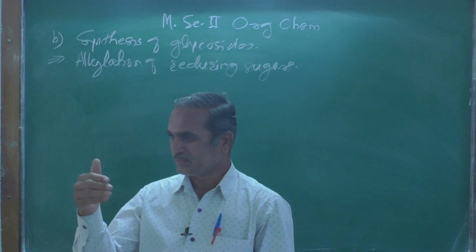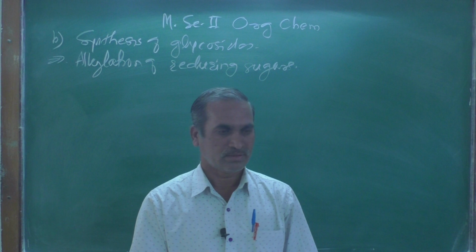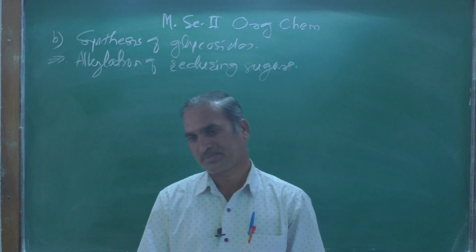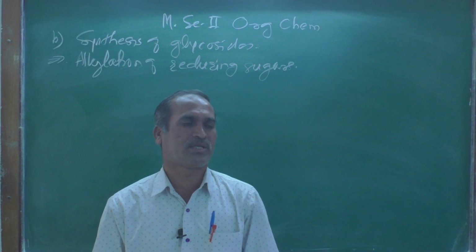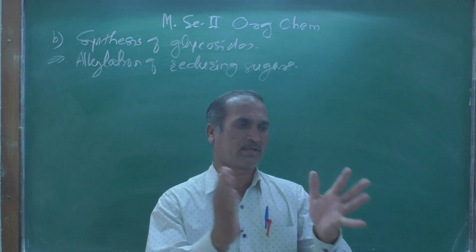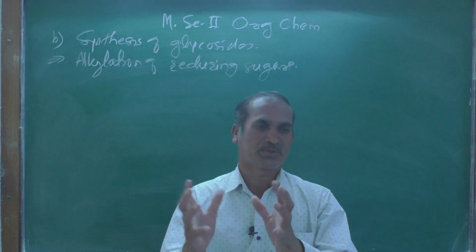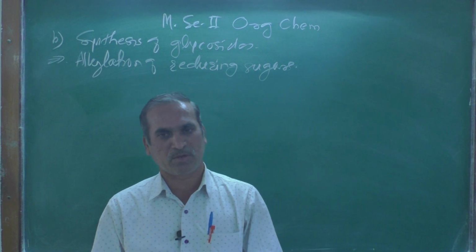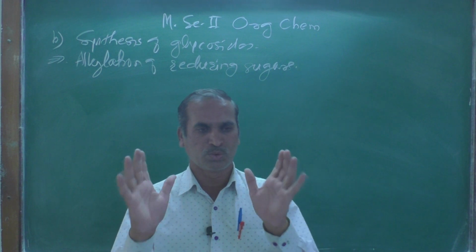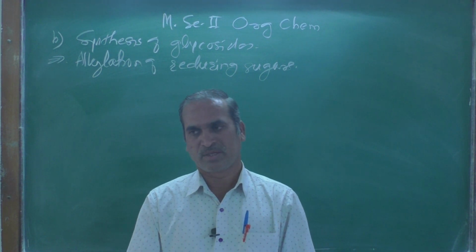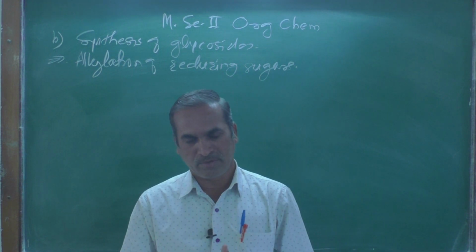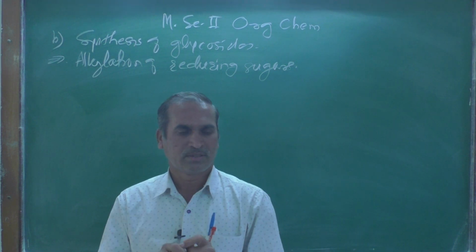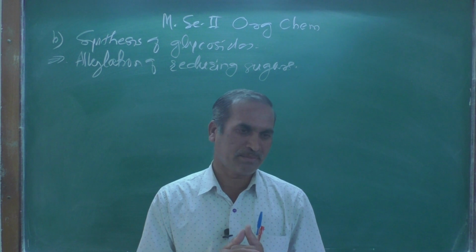Another one, D-glucose and D-galactose, are also epimers of each other, because you have to consider them according to the Fischer projection formula. Observe these two structures carefully. What do you find? Everything is the same.